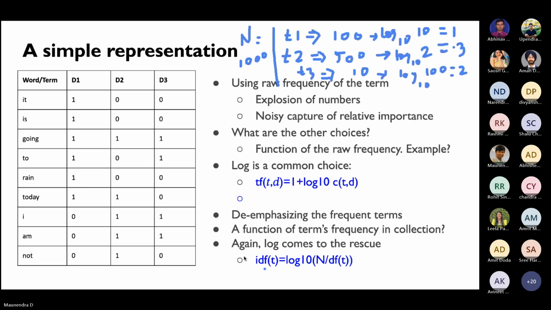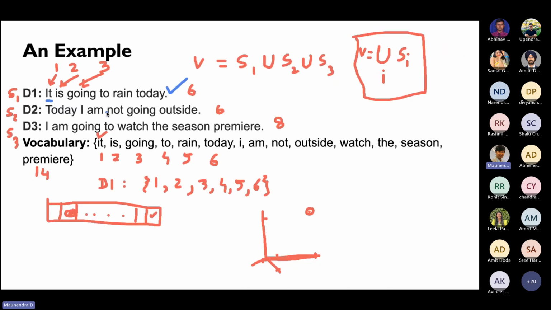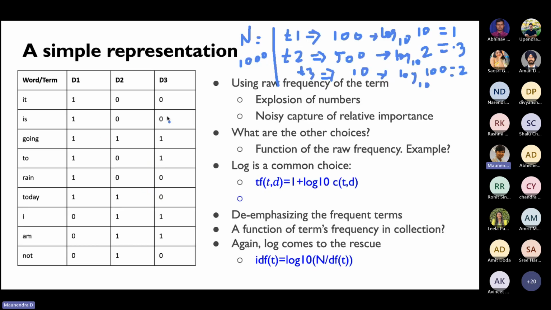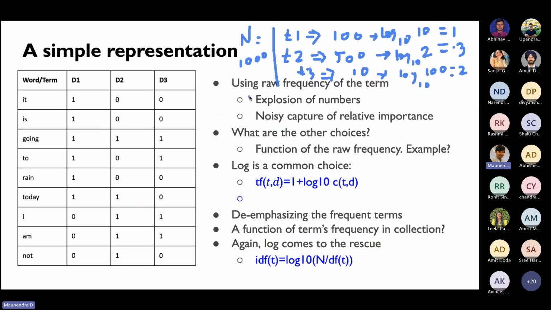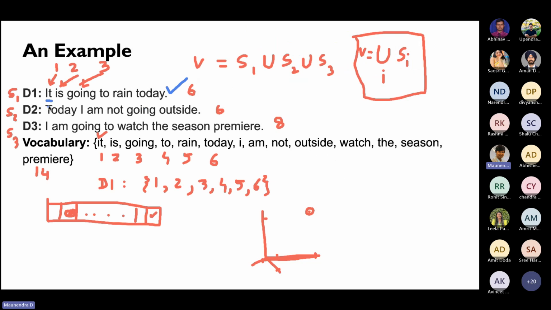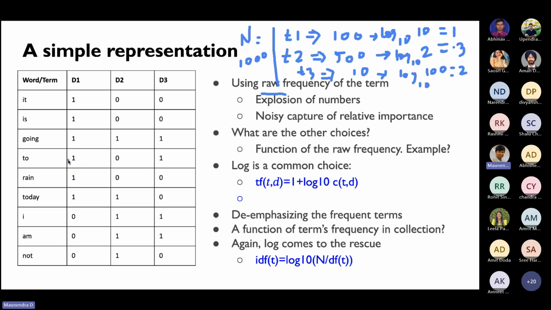Now, if you remember, our goal was that given a document collection, for each document, how do we get a representation? We have talked about a simple representation where we store the Boolean vector, presence or absence. In this specific case of this toy example, even if we use the raw frequency, we'll get Boolean vectors only for D1, D2, and D3, because no term occurs more than one time in a document. If there were repetitions, we could have seen some values which were neither 0 nor 1.